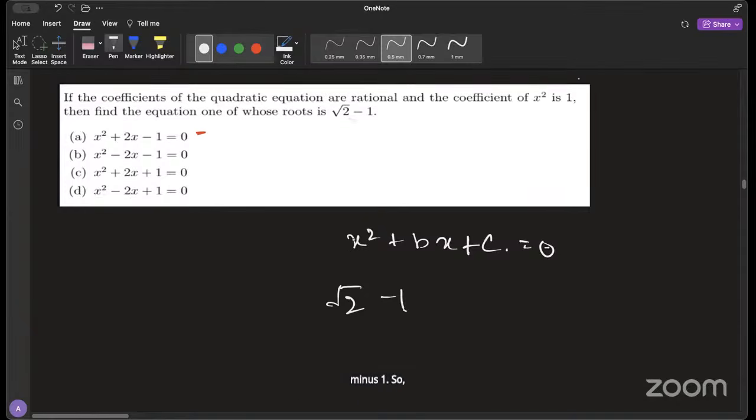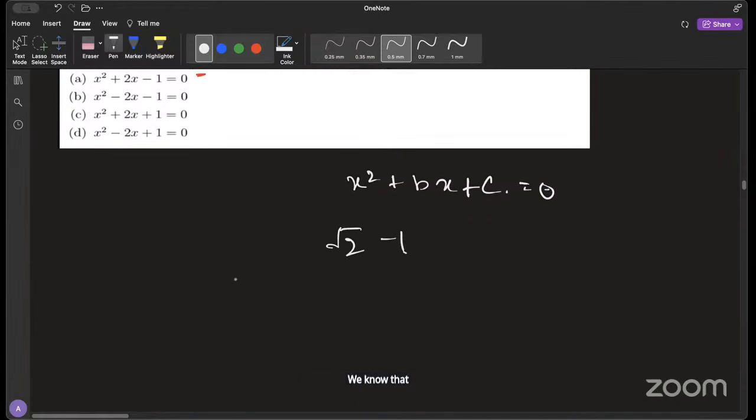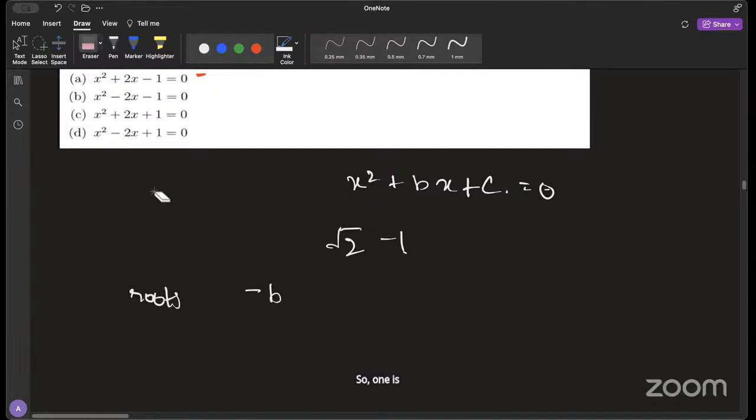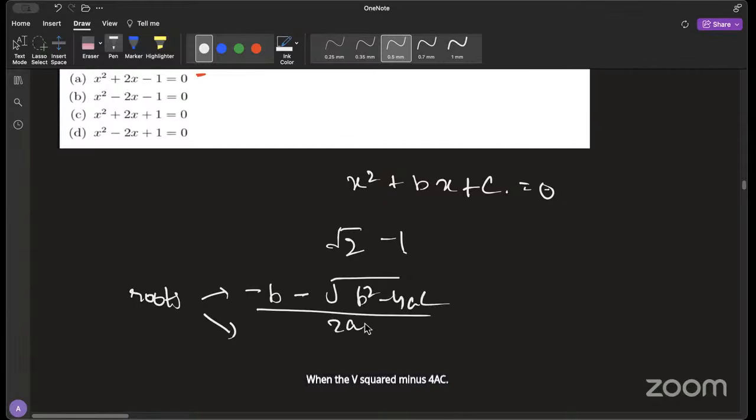We know that the roots of a quadratic equation are minus b plus minus square root of b squared minus 4ac by 2a. So one root is minus b minus the square root of b squared minus 4ac by 2a, and the other root is minus b plus the square root of b squared minus 4ac by 2a.